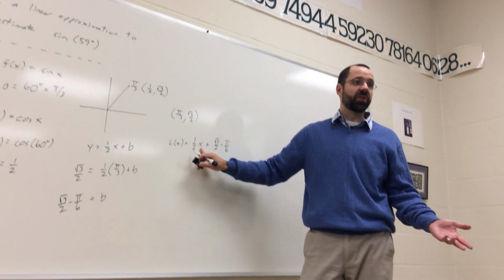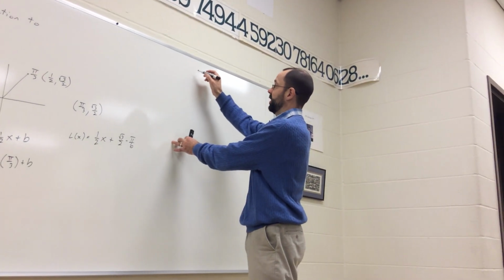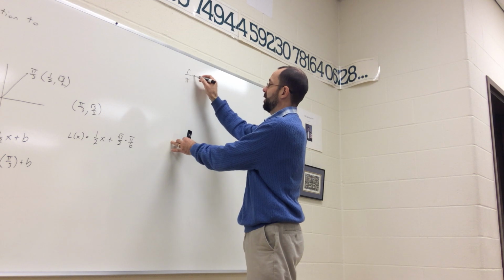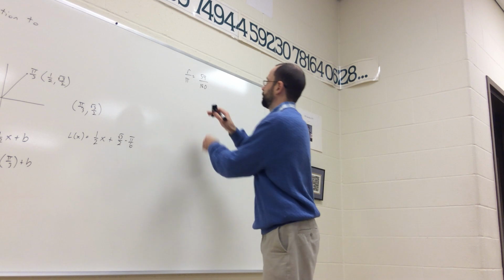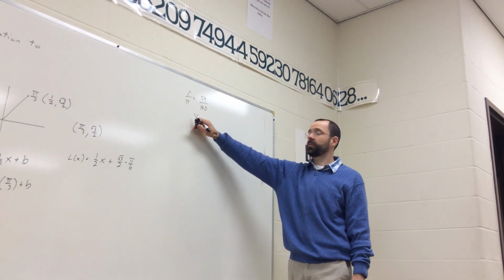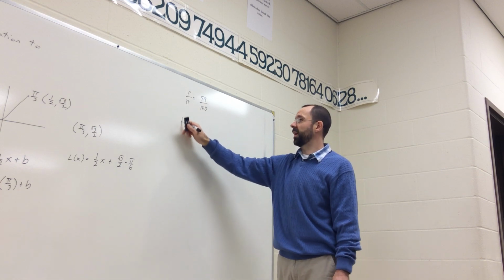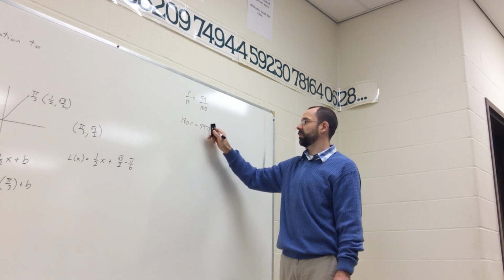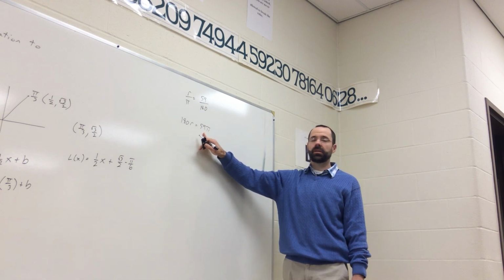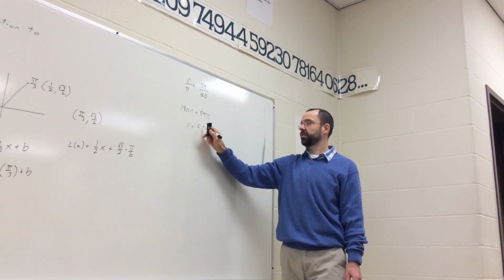I have to convert it to radians first. So the conversion formula is r over pi equals degrees over 180. So you cross multiply that. 180r equals 59 pi. So r is 59 pi over 180.